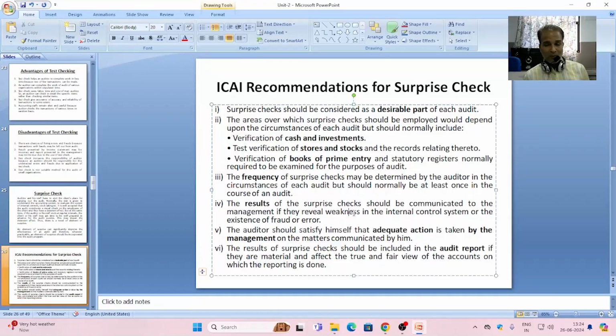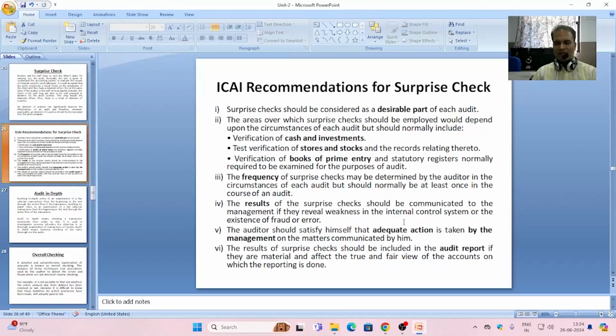So, surprise check is a very important element of the auditing process, a very important technique of the auditor in audit work. It provides much more effectiveness for the audit assignment, as compared to routine checking.